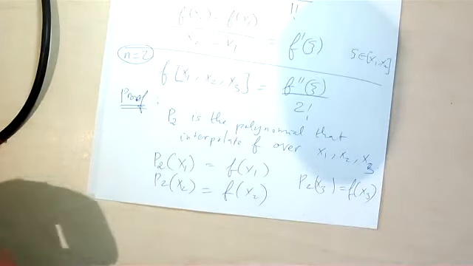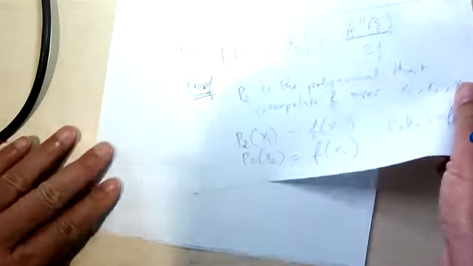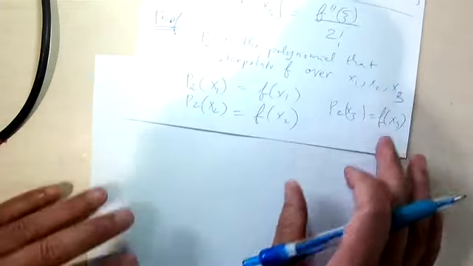So that's the first step. What is the next step? Now I will write P2 in Newton form.